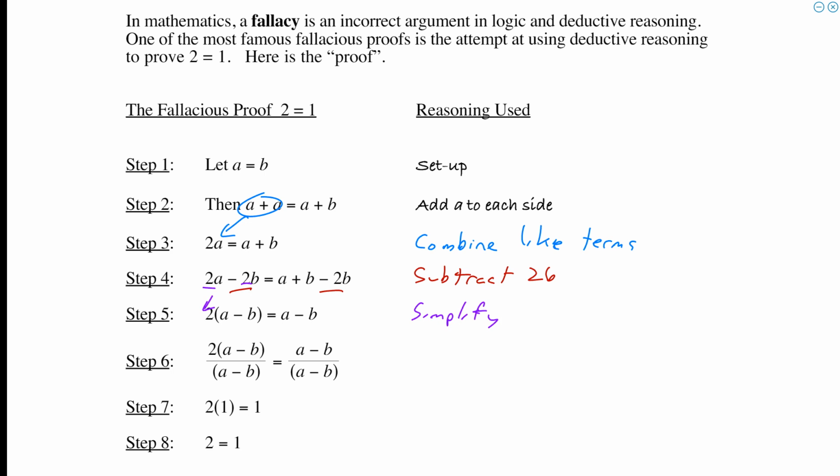What if we divide each side by A minus B? So I have 2 A minus B's divided by A minus B. Okay, so I'm just going to divide, and now I'm going to simplify.